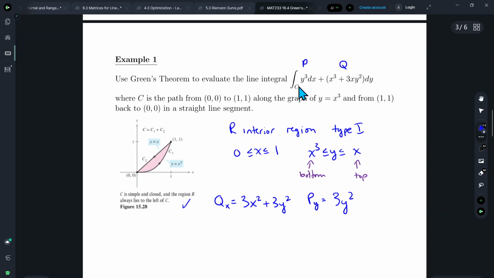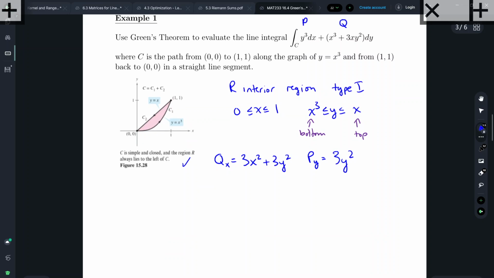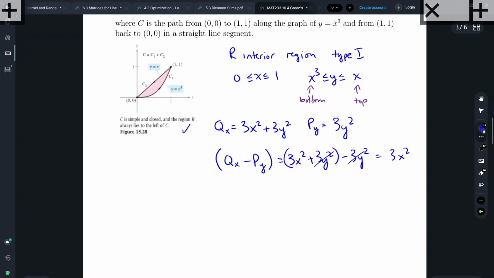Okay, so that's dQ/dx and dP/dy, and then now we need to subtract them. So that's just 3x squared plus 3y squared minus 3y squared, so this cancels this, and you get 3x squared.